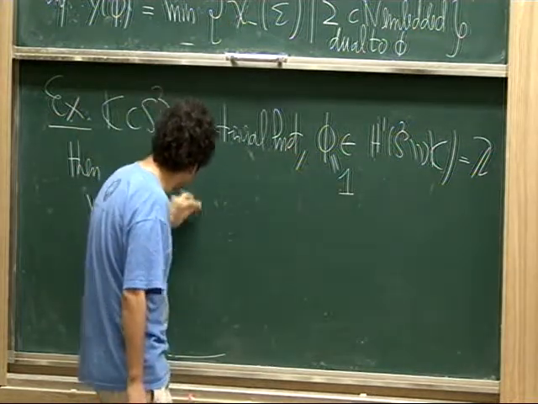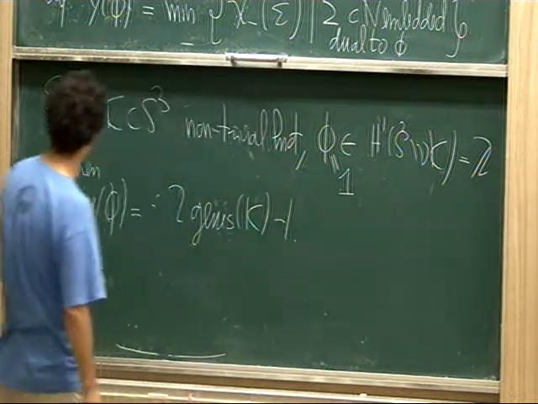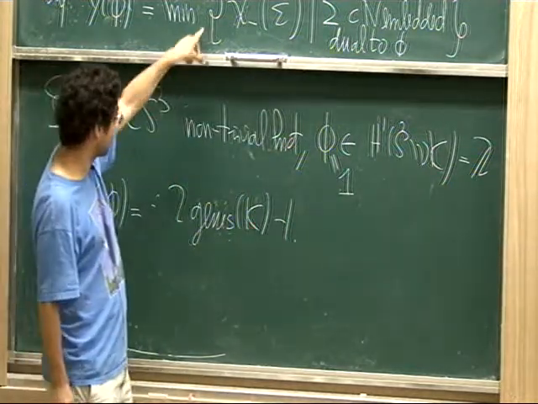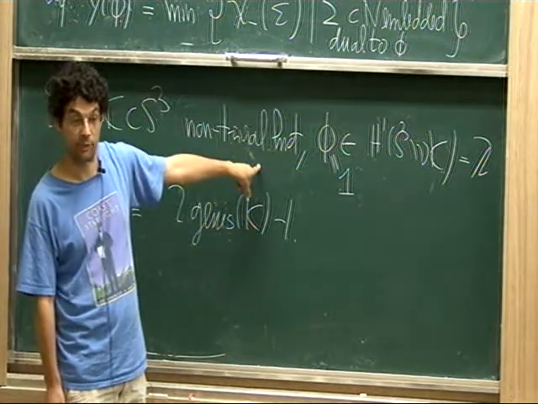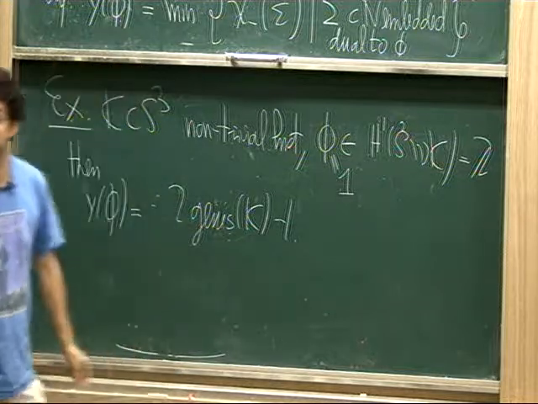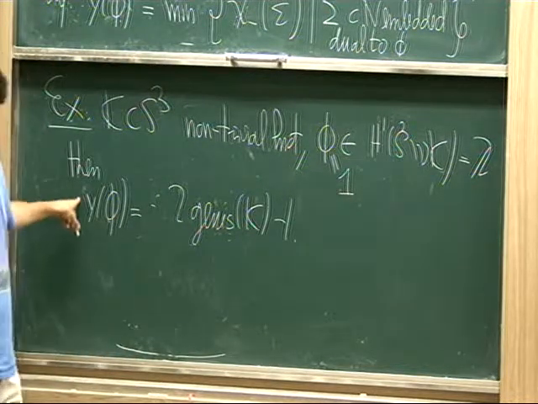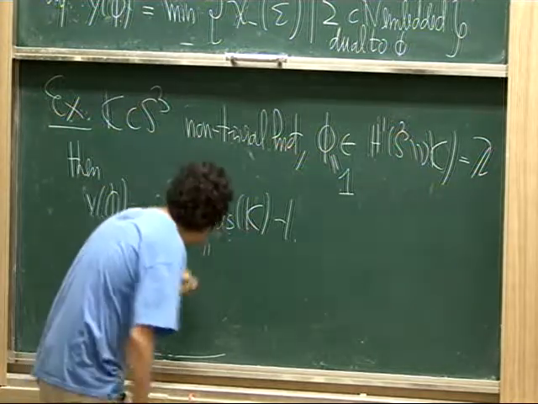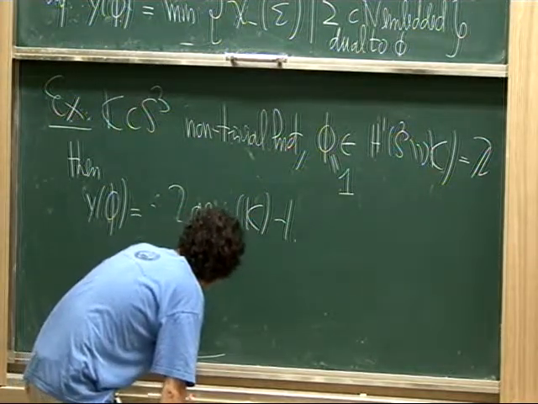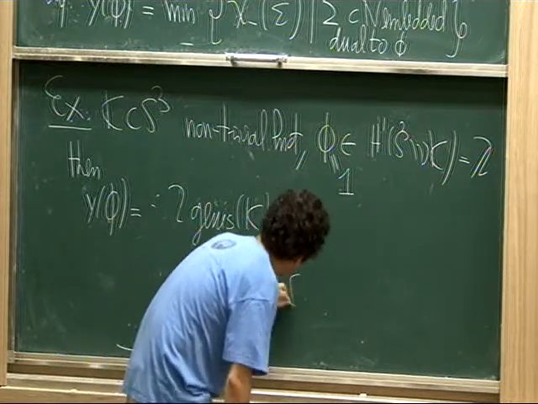So it turns out the correct formula is that y of phi, so the Euler characteristic here, is twice the minimal genus of a Seifert surface for K minus 1. Okay? So that's a notion which is studied in knot theory a lot of times, minimal genus of a Seifert surface.